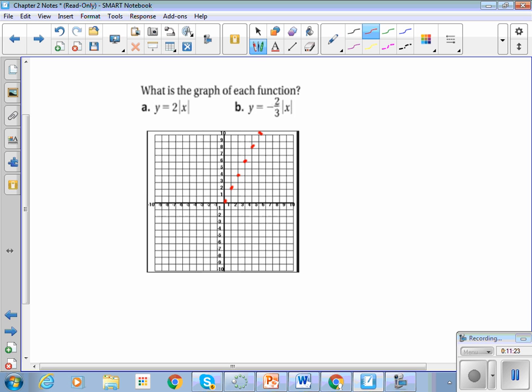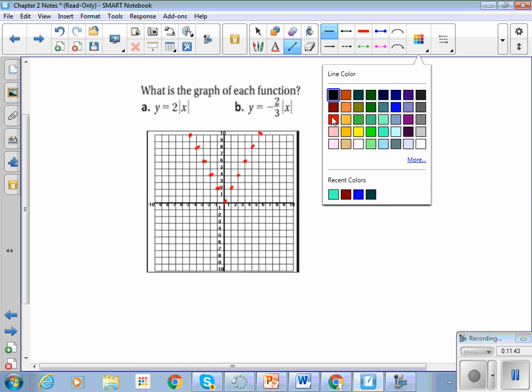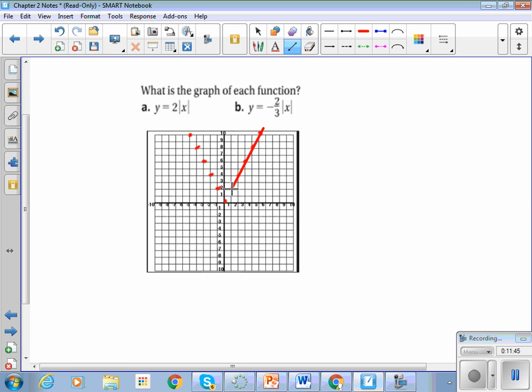And then on the left-hand side, each of these points is going to be mirrored across the y-axis. And compared to the parent function, this is taller and skinnier. So this is that function.